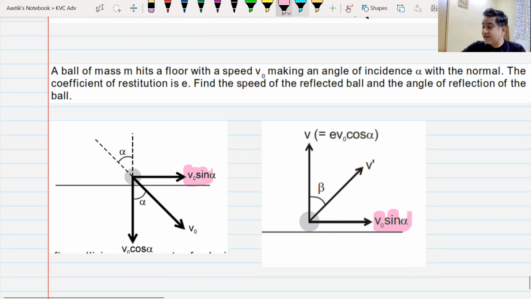The only velocity that has changed is the vertical velocity. It was v naught cos alpha downwards before collision. After collision, it becomes E times v naught cos alpha.